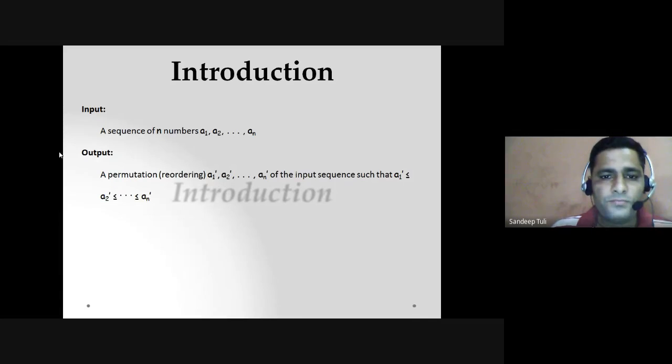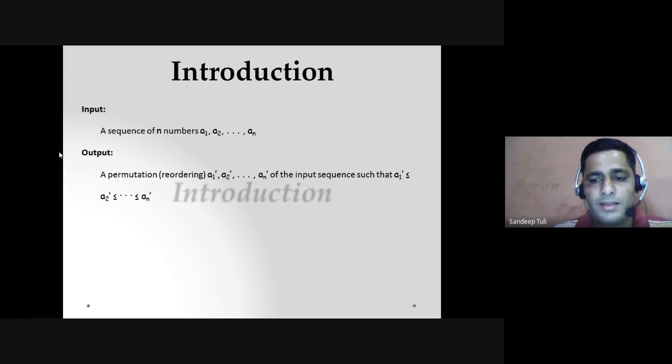Sorting is nothing but where the input is a sequence of n numbers, a1, a2, ..., an. They are random numbers, and the output will be a permutation, or we can say a reordering, of all the numbers such that every number is lesser than its succeeding one.